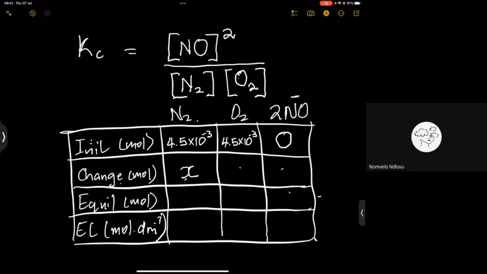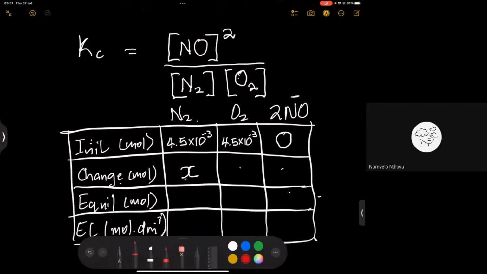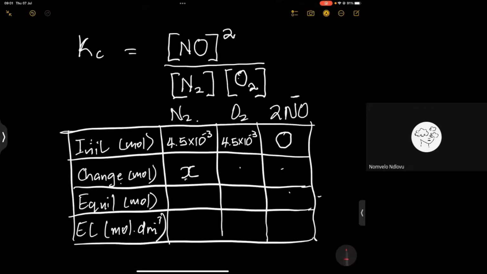So if the amount is X, now this is where we're going to use our, I always draw this in a different color so that we remember. Please remember here, this is where you use the ratio, okay? So in this case, if I use an X amount of nitrogen, look at this. The ratio says for every one of this, you will use one of that. So if I use an X amount, I will use what?